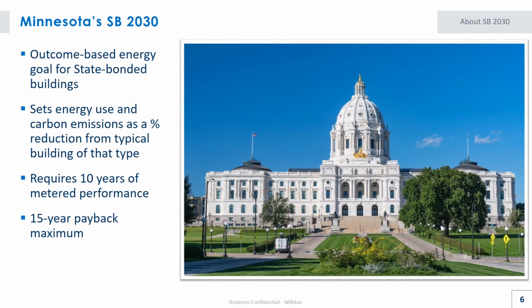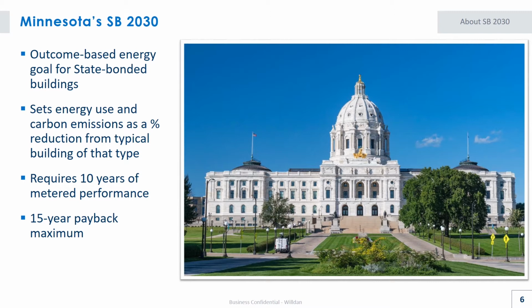So SB 2030 is one of the largest outcomes-based energy standards in the country. There are a few, IGCC, for instance, is using some outcomes-based code compliance, but it's pretty rare still. It sets an energy use and carbon emissions reduction from a typical building that was around in 2005. And it requires 10 years of actual performance to prove that you have met it.